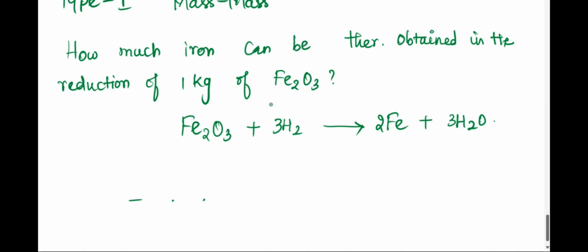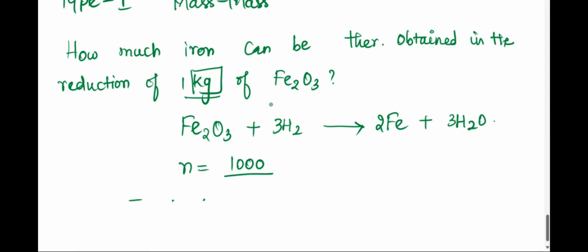What was the amount given in the question? That is 1 kilogram. So 1 kilogram means how many moles? n will be weight by molecular weight. So I'm taking it in grams, 1000. So unit conversion is very important, guys. Don't forget that.